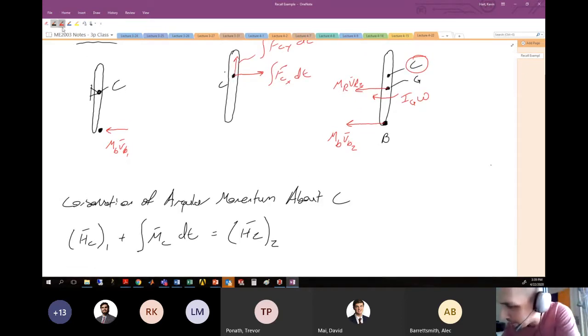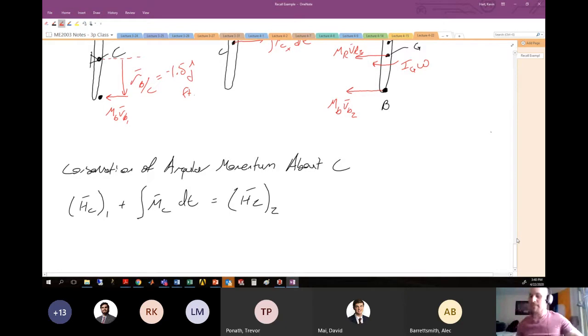Well, here's C. Here's some linear momentum of the bullet coming in. So there will be some angular momentum about this point C because I have a position vector here, which locates B from C, which here is equal to negative 1.5 j hat feet. Hopefully we sort of understand that. All right.